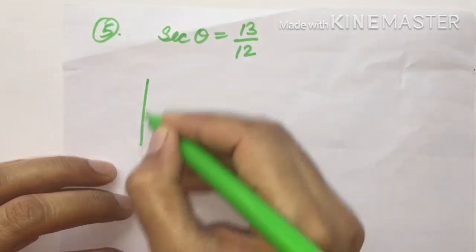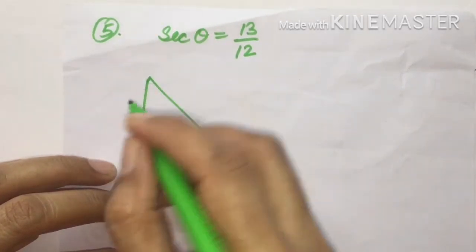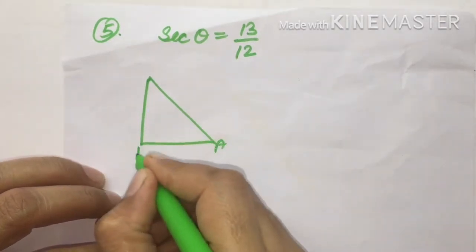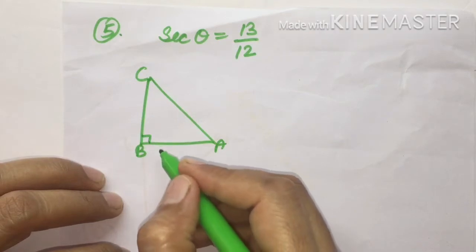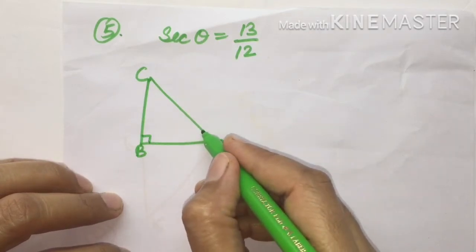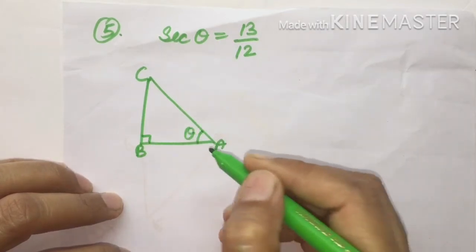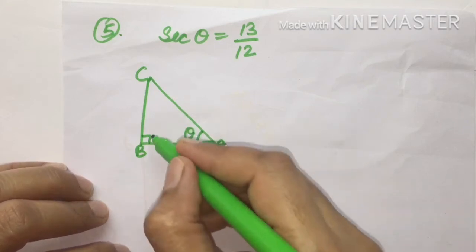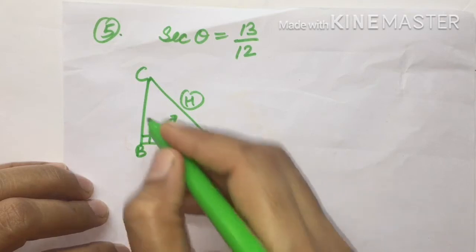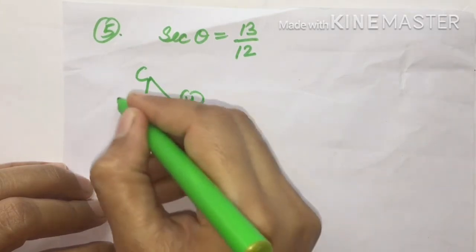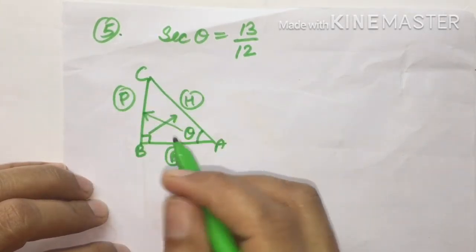So we will make a triangle A, B and C. This is 90 degrees at B. This is the reference angle. Suppose this is theta given in the question. So according to this, this is hypotenuse, this is base, and opposite to theta is perpendicular.